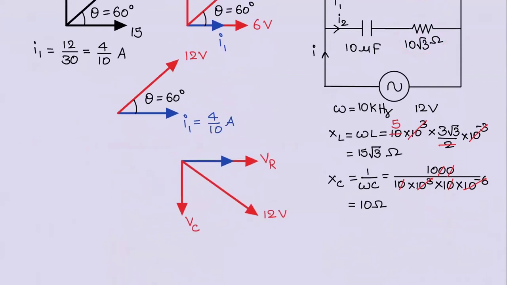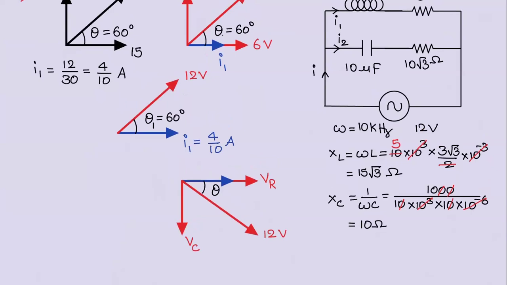So the circuit is like this, and there is a phase angle theta. And remember, previous question's theta and this question's theta are totally different. So let us call the previous one theta 1. Now theta 2, good. Now what do we do next? Simple, we make the phasor.